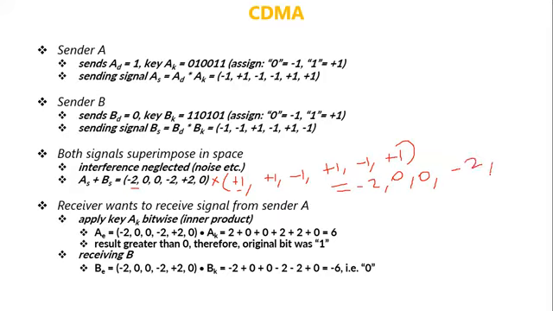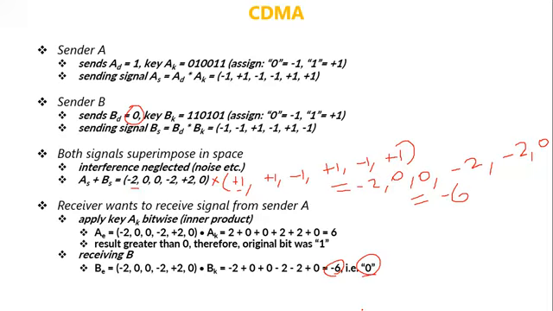Again +2 into -1 is -2. Again 0 into +1 is 0. So basically we got 3 -2's. If you add all the 3 -2's, what you will get is -6. So -6, which is less than 0. So we have to consider the data as 0. So if you see, the actual data sent by B is also 0. So 0 is now received here successfully, right?